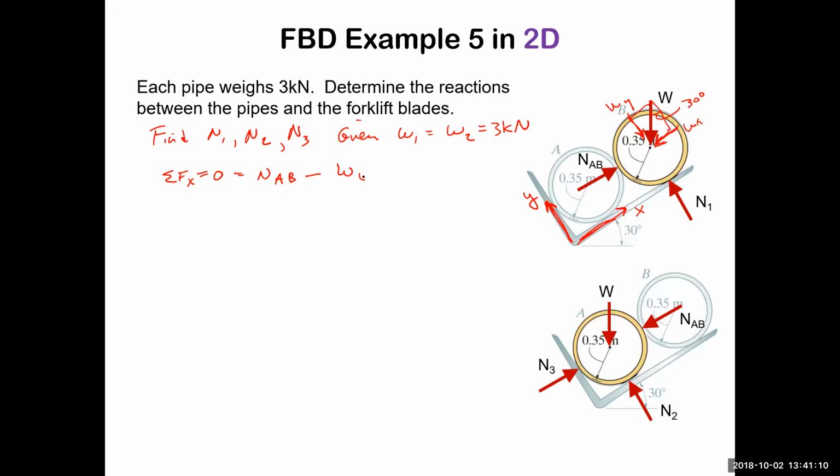So this is Wx, meaning that NAB is going to equal Wx, which is 3 kilonewtons times the cosine of 60 degrees, and that's going to equal 1.5 kilonewtons.